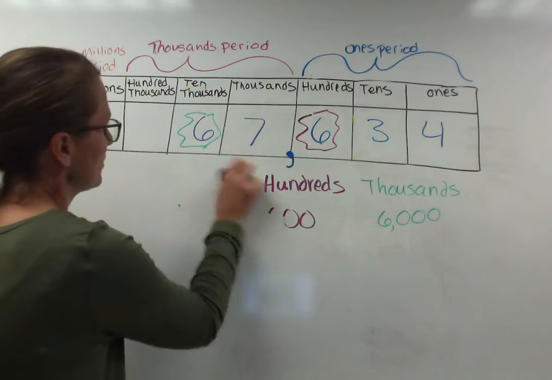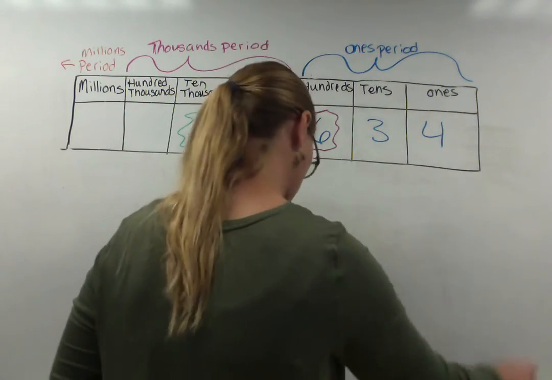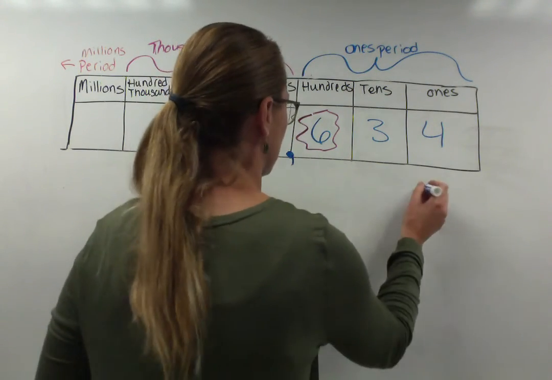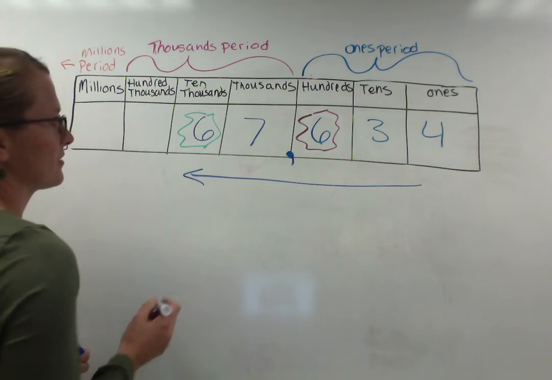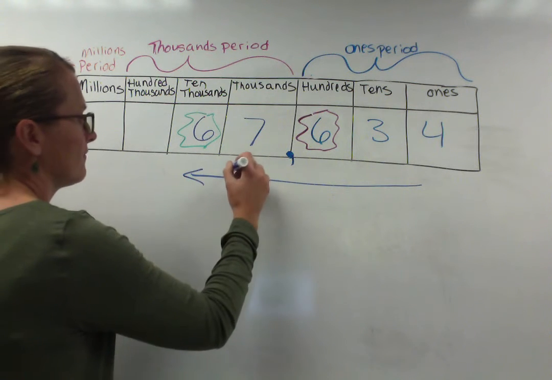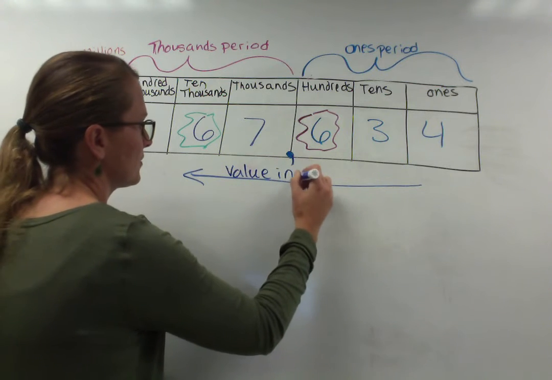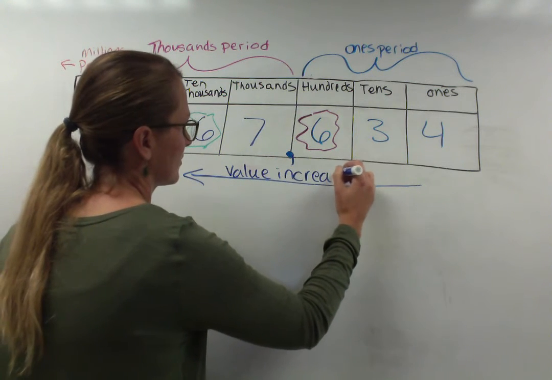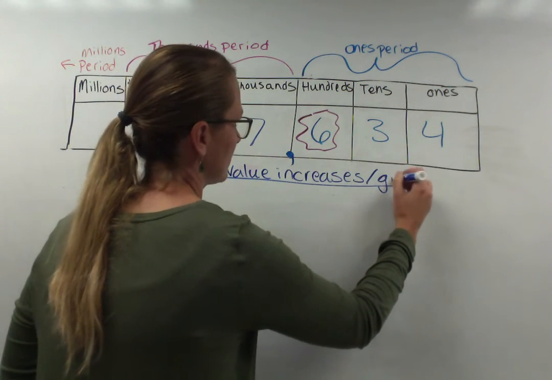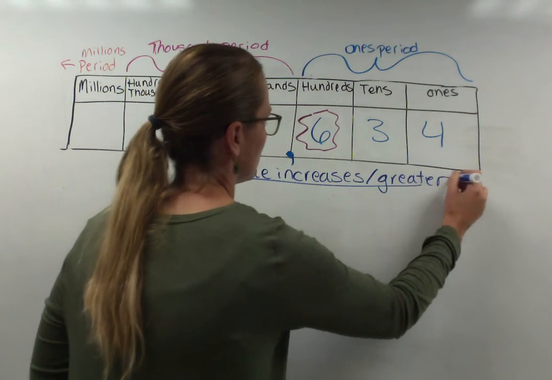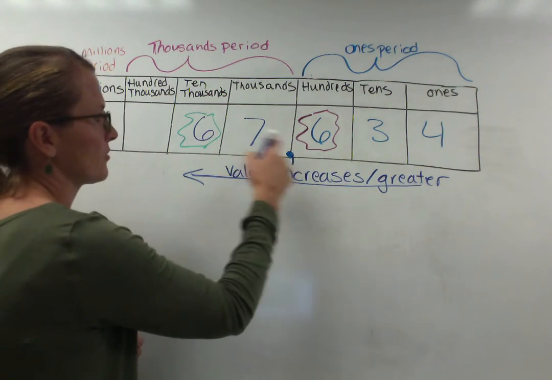Which leads us to our next concept: as you go this way on your place value chart, the value increases, becomes greater, because this 6 is worth more than this one.